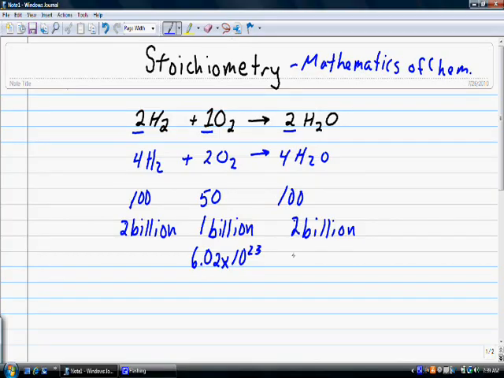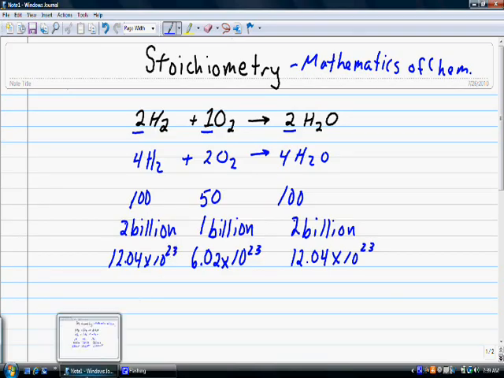Well, I would need 2 times 6.02 times 10 to the 23rd. So 12.04 times 10 to the 23rd molecules of water would be produced. To react with 6.02 times 10 to the 23rd oxygen molecules, I would need 12.04 times 10 to the 23rd hydrogen molecules.